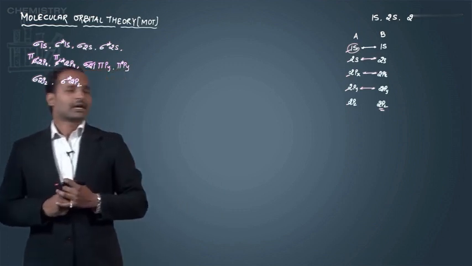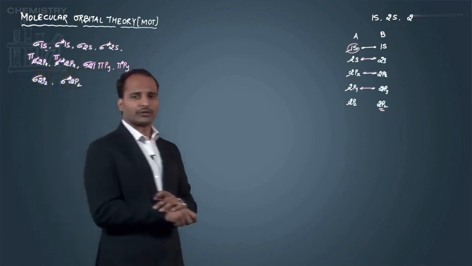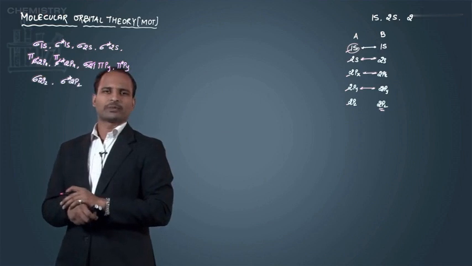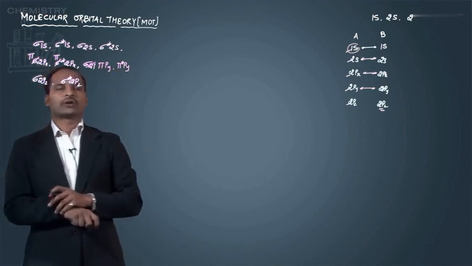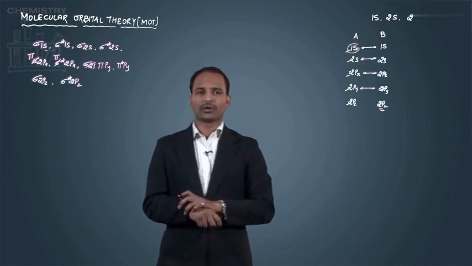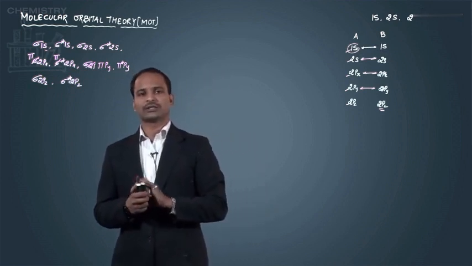Here, as the rule says, we are going to follow the same rule for the filling of electrons in molecular orbitals also, that is the Aufbau principle or Hund's rule. According to the Aufbau principle, the electron will always fill the molecular orbital which has the lower energy level and then go to the higher energy level.